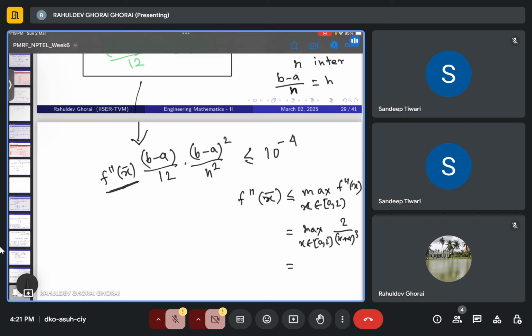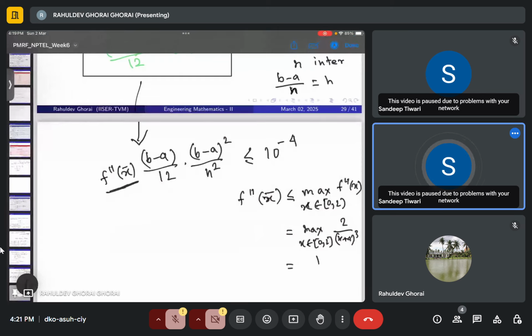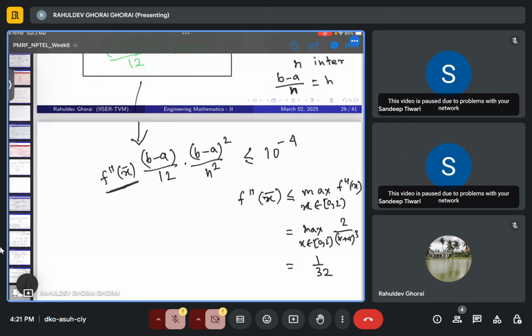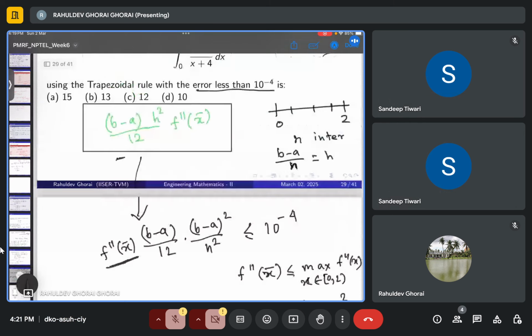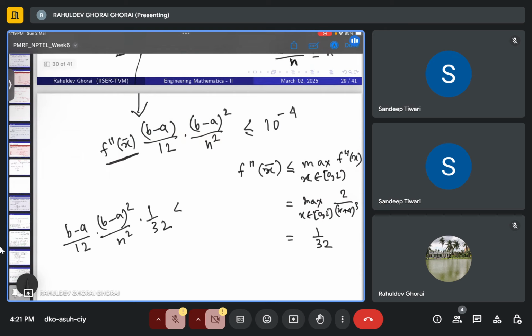At 0, it will be 2 over 4 cube, which is 1 over 32. So the actual error here can be written as b minus a over 12 times b minus a whole square over n square times 1 over 32, because the error is less than or equal to, so this has to be less than or equal to 10 to the power minus 4 also.